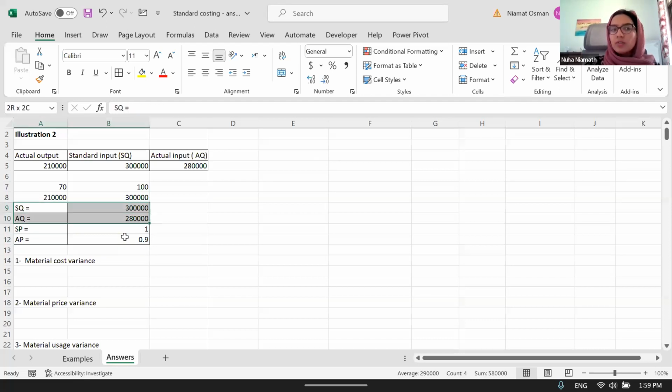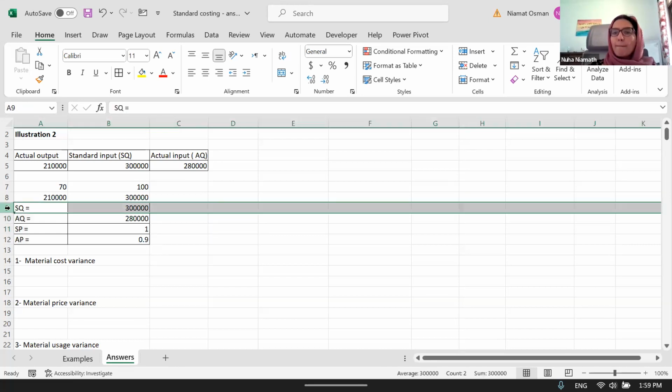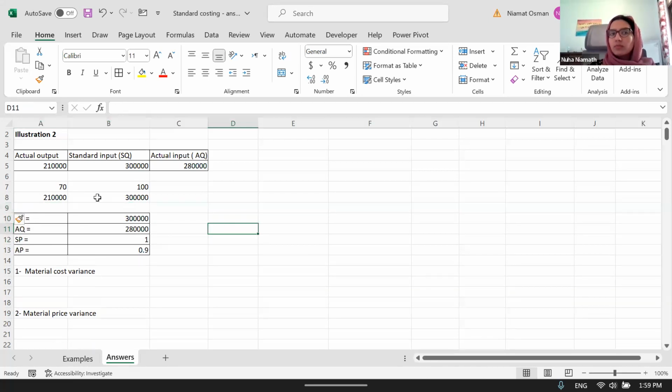Everybody clear with this? Four components you have understood. Once you understand the four components, the question is easy to solve. SQ, AQ, SP, AP. Clear, everybody? Anybody stuck? Anything you can't understand? Shall I proceed?